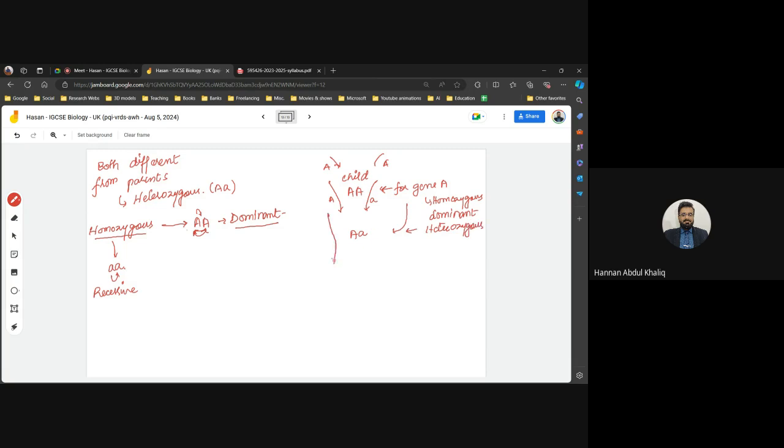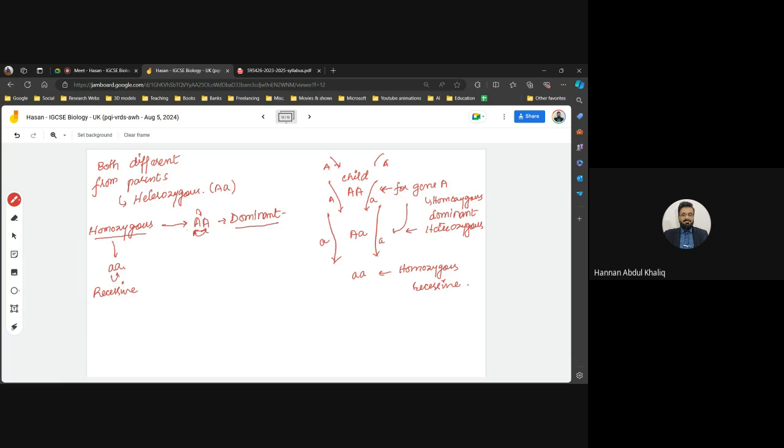And if the child gets both small alleles, both lowercase alleles from both parents, no doubt they still are homozygous, again homozygous, but this time they are recessive.